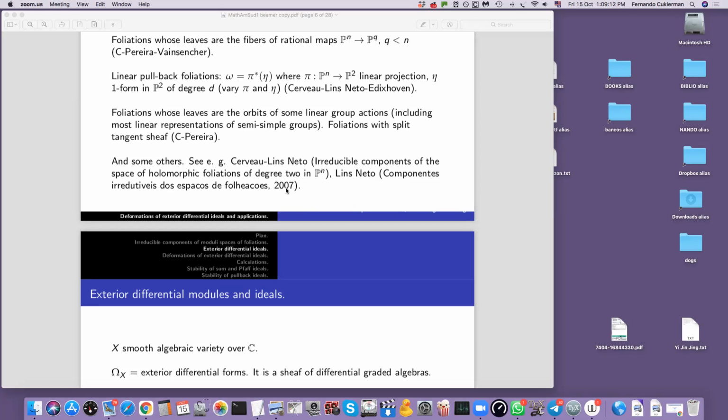Well, the survey was updated in 2007. There was some recent progress, for example Pereira and collaborators also made some progress. So maybe a more updated reference would be this paper by Pereira, but up to 2007, this is a nice survey of the known results.